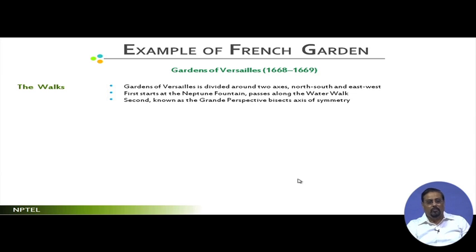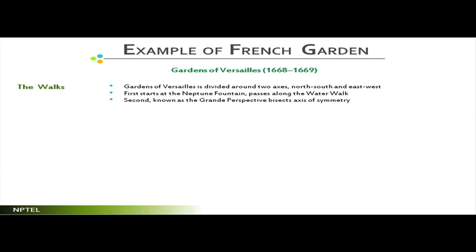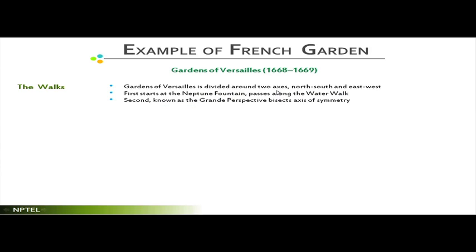The walks. The Garden of Versailles is designed in such a way that you have different walkways geometrically crisscrossing, or it may be a cruciform. You will go from one place to another, but very symmetrically or geometrically placed. This makes it different from the other landscape styles like Chinese and Japanese or even Spanish. Around two axes it is divided, north, south and east, west.